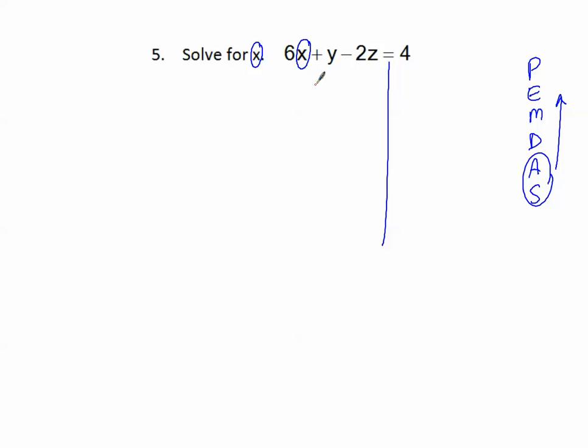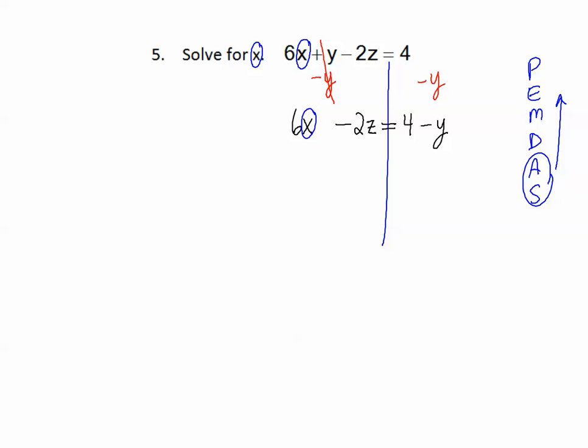If it says plus y, the opposite is minus y. Over here, this is not a y, so I'll write it off to the side. Cross those out. 6x, no more y's, minus 2z equals 4 minus y. I still want x by itself.